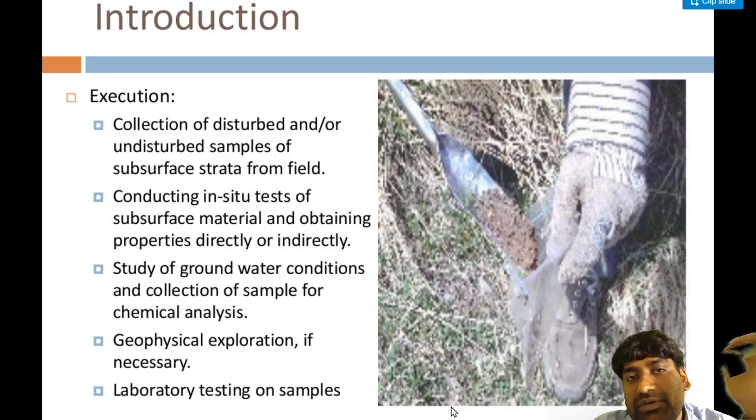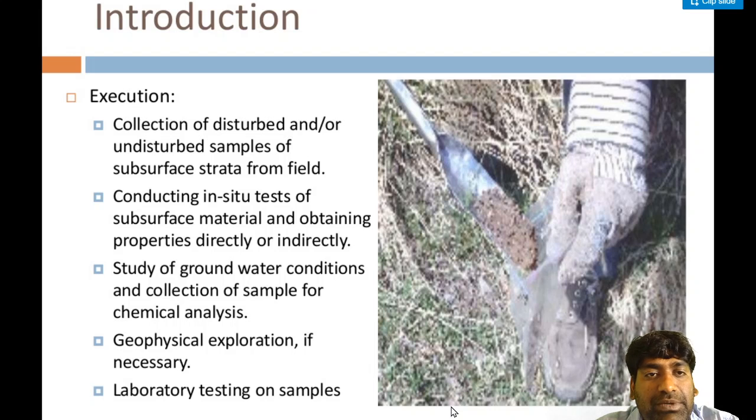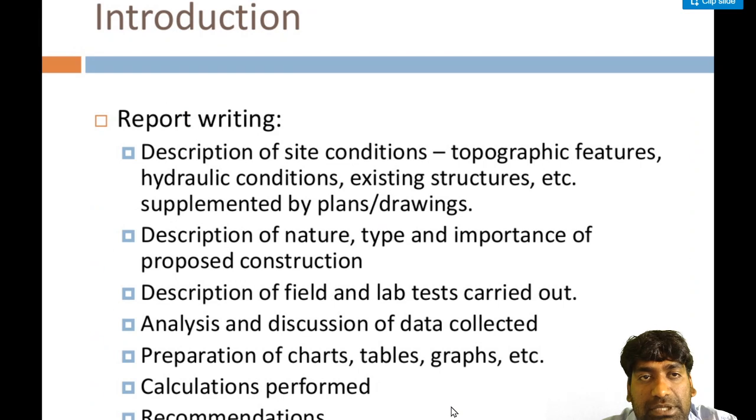Execution: collection of disturbed or undisturbed samples of the subsurface strata from the field, conducting in situ tests for subsurface material and obtaining properties directly or indirectly, a study of the groundwater condition and collection of samples for chemical analysis, geophysical exploration if necessary, and laboratory testing on samples.